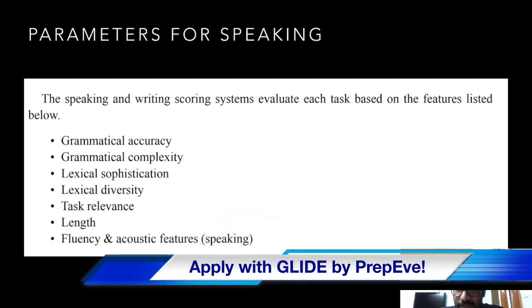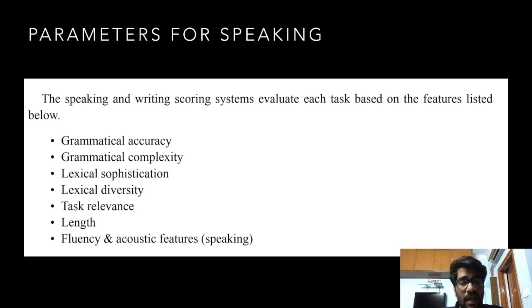So parameters for speaking. First of all, grammatical accuracy. This is a parameter that carries great importance in both speaking as well as writing. You have to be accurate as far as your grammar is concerned. Don't frame sentences that have a lot of errors.